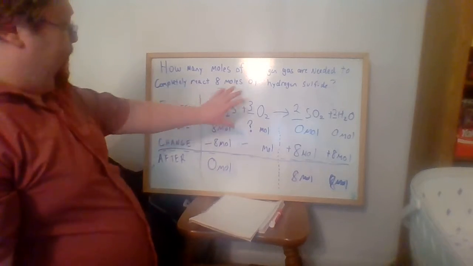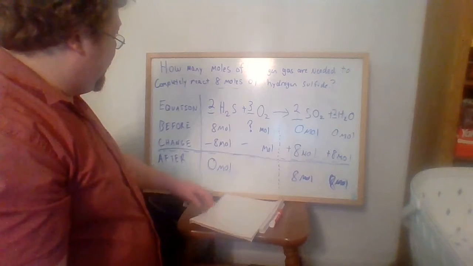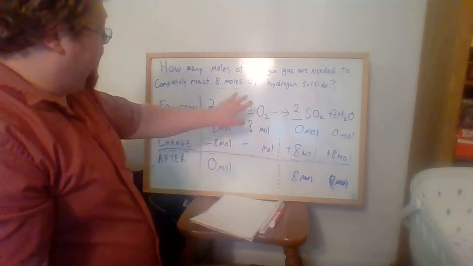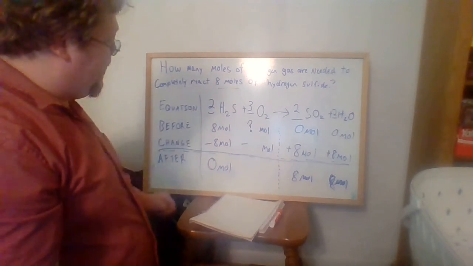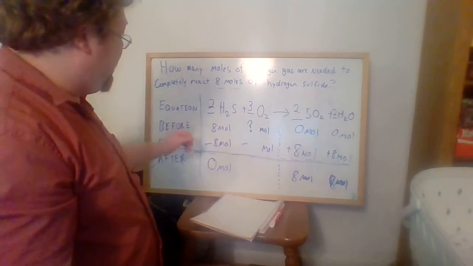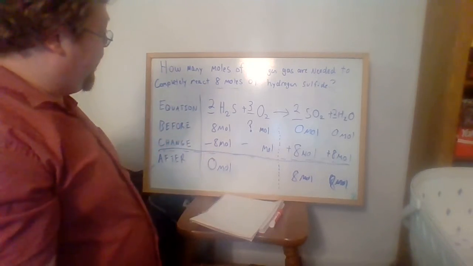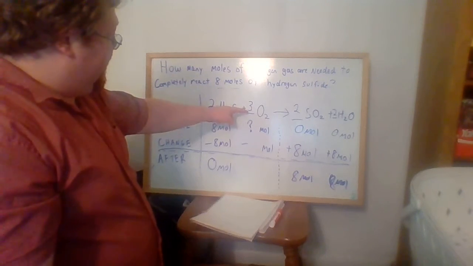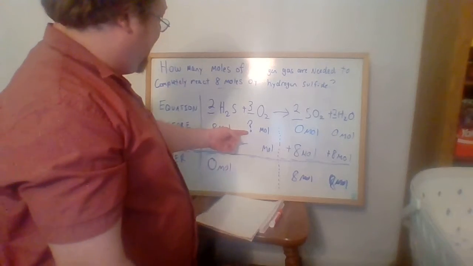And the last piece that we need to keep track of is what's going on here. How much did we start with? How much did we have to use? Well, for every 2 moles of hydrogen sulfide, we have to use 3 moles of oxygen. So this has a 2 to 3 ratio. You can take the 3 and divide by the 2, or multiply by 3 halves. There's a lot of different ways to look at this, but ultimately I'm going to need to have 3 of these for every 2 of these. So if I have 1 of these, I have 1.5 of these.